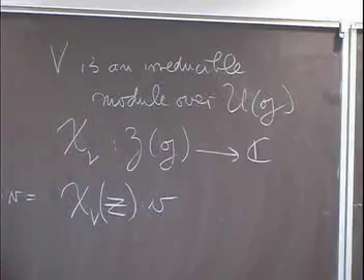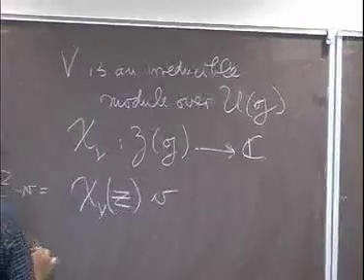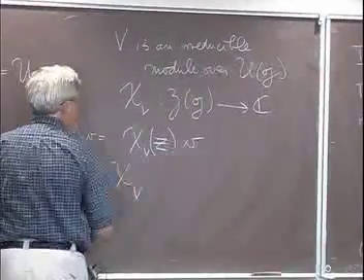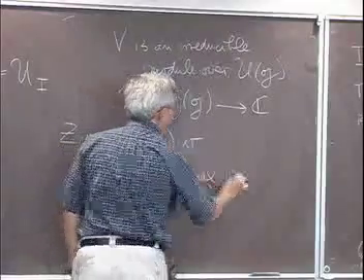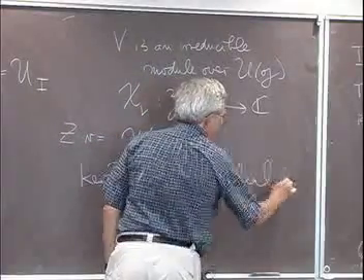So this means that the kernel of chi_V is a maximal ideal in z of g.